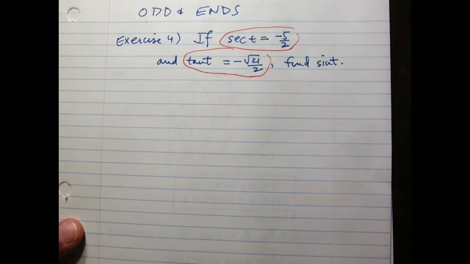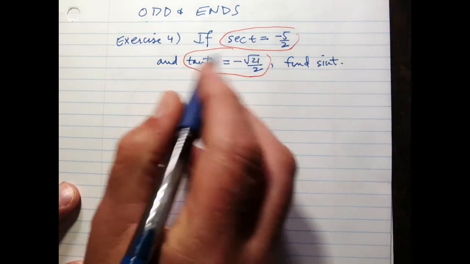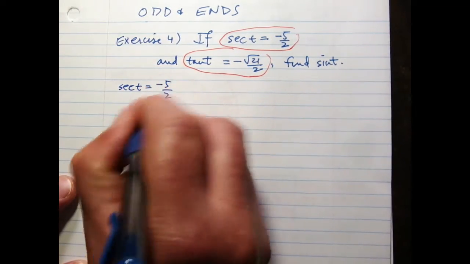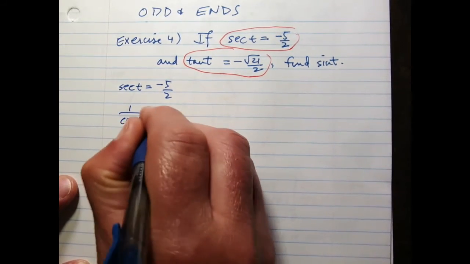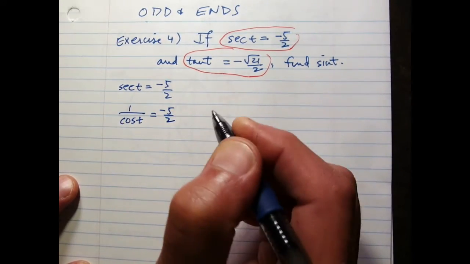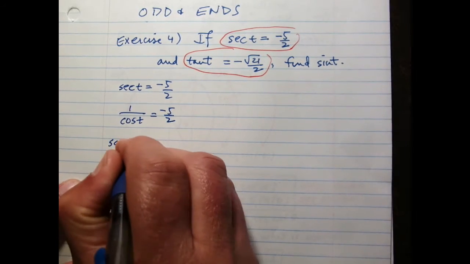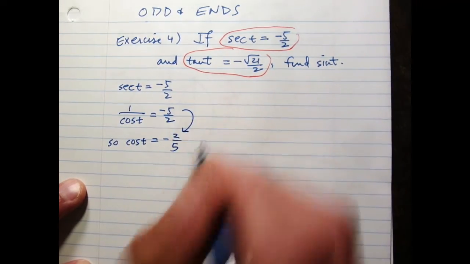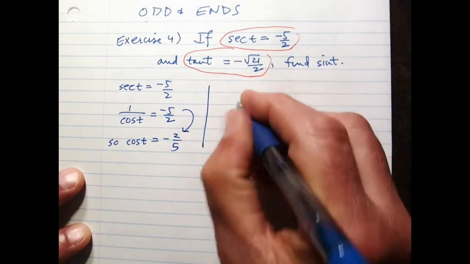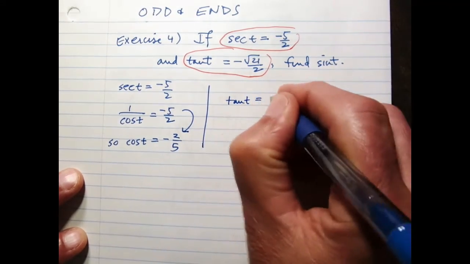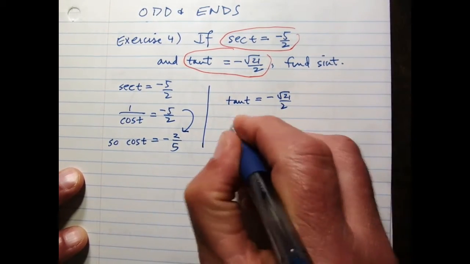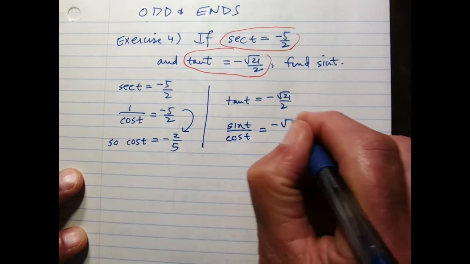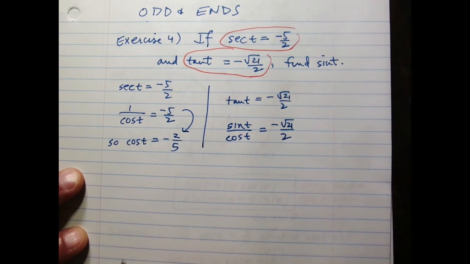Now I know if secant t is negative 5/2, I know 1 over cosine t is negative 5/2. So cosine t is negative 2/5. I just flip it, right? If tangent t is negative square root of 21 over 2, I know sine t over cosine t is negative square root of 21 over 2.